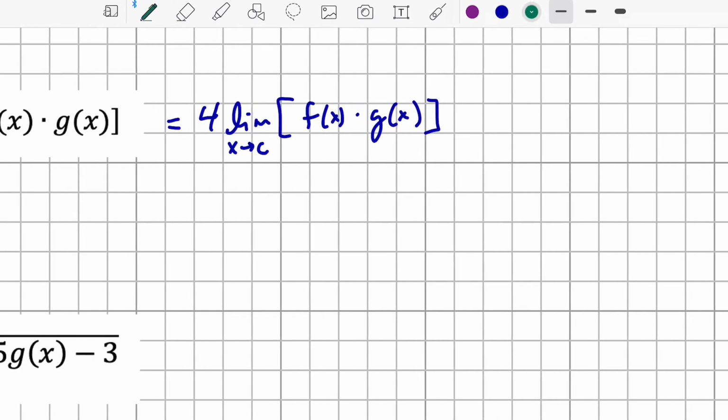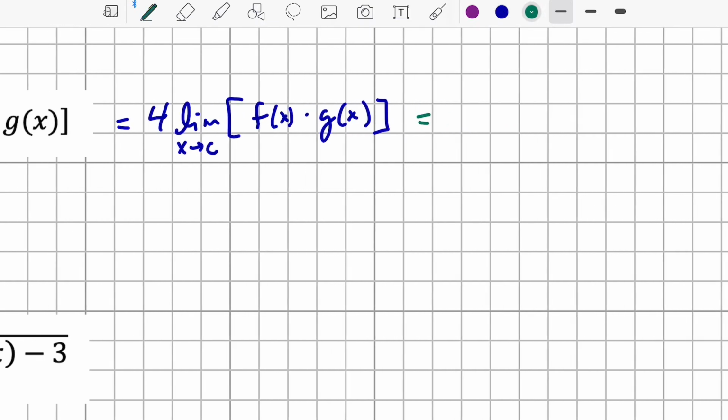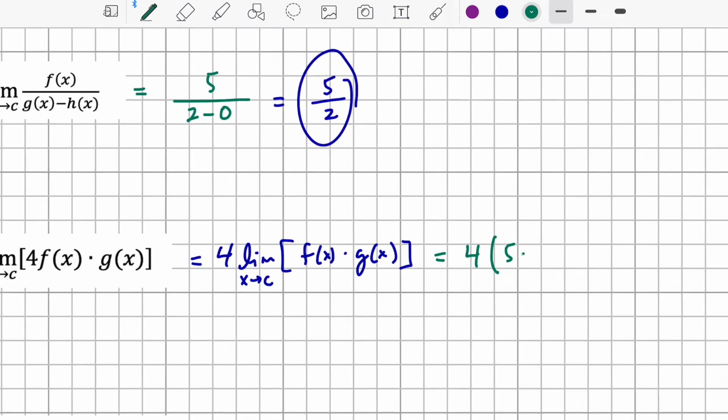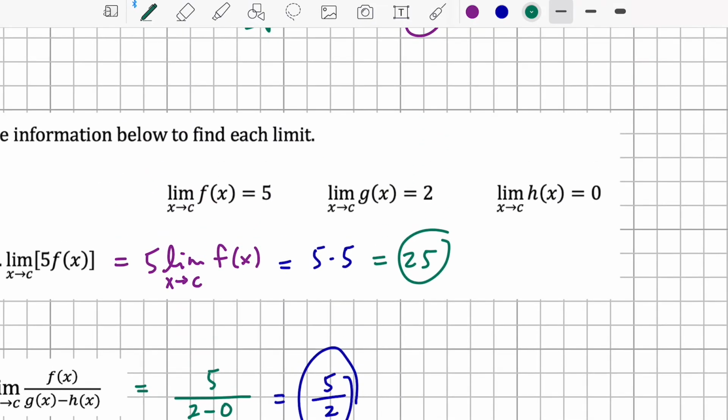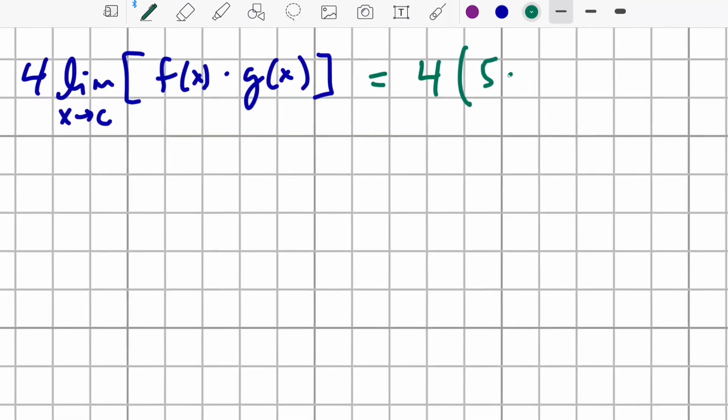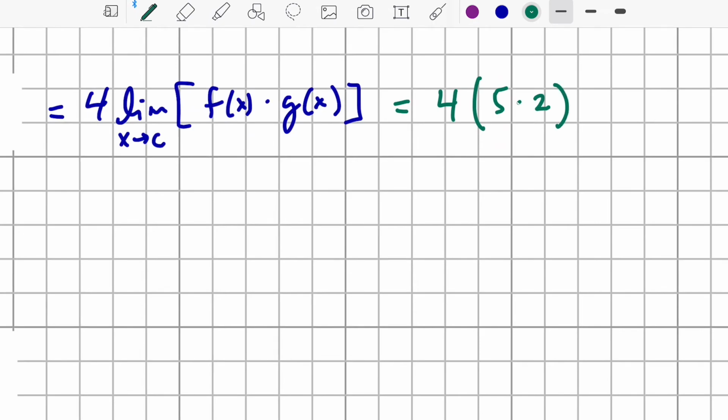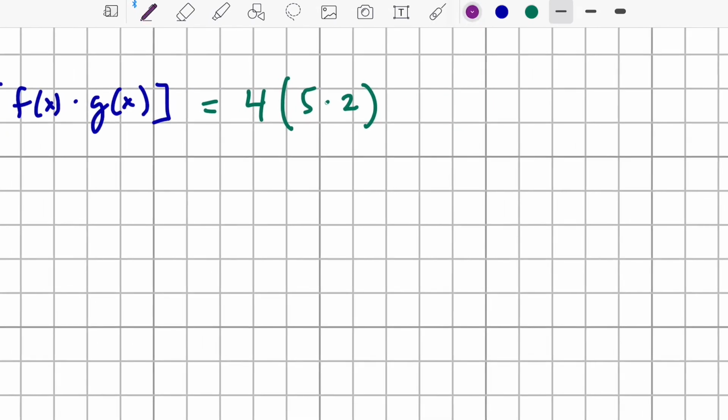So now, if you recall, 4 times the limit as x approaches c of f of x was 5, times the limit as x approaches c of g of x, I believe it was 2. Let me double check. Yes, it's 2. So now we do the math. 4 times 10, which gives me 40. Easy.